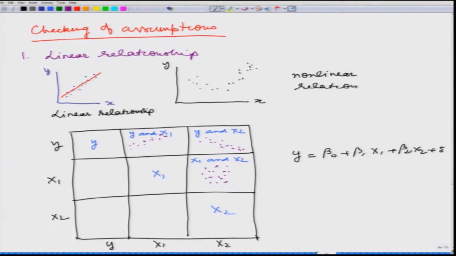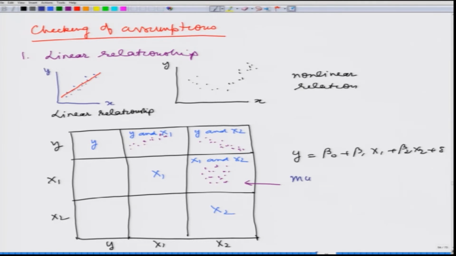Later on I will discuss how to verify whether all x1, x2, xk are independent or not. But here I can just inform you that by looking at this type of graphics, or some part of this multiple scatter diagram, we can also conclude whether our x1, x2, xk are independent or not.